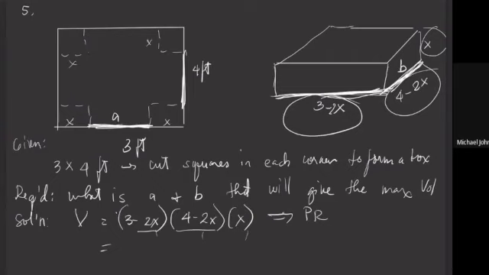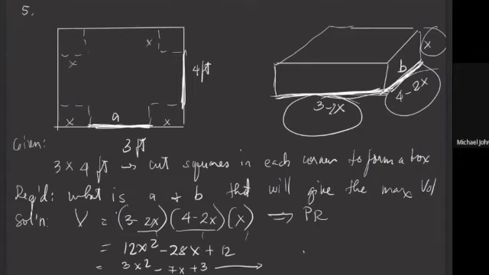Okay? And it is shown that, in your module, you arrive at an equation of 12x squared minus 28x plus 12. This is a quadratic equation that can be reduced to 3x squared minus 7x plus 3, because this is divisible by 4.